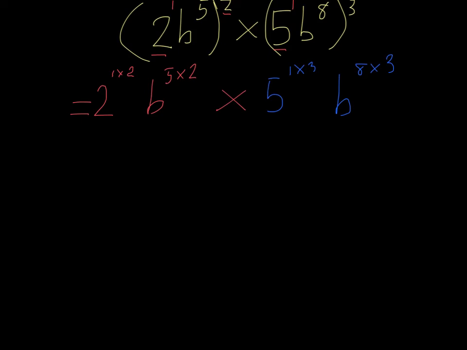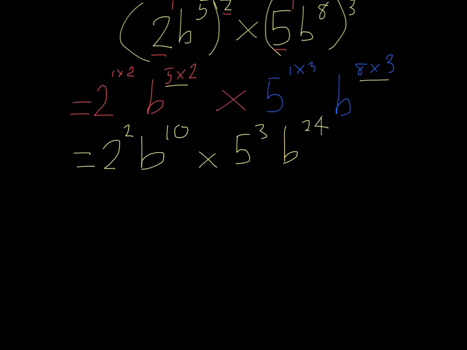So if you write that out more simply, the next line is going to be equal to 2 squared, or the power of 2, b to the power of 5 times 2, which is equal to 10, times 5 to the power of 3, b to the power of 8 times 3, which is equal to 24. Okay. Now to simplify this even further, we're actually going to simplify these numbers so that they are no longer in index form.